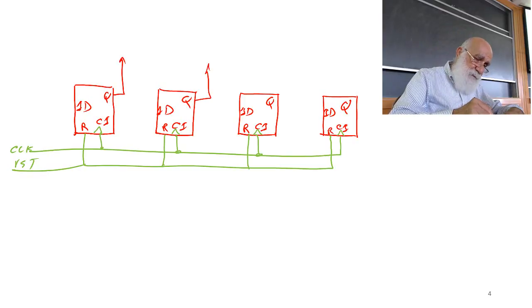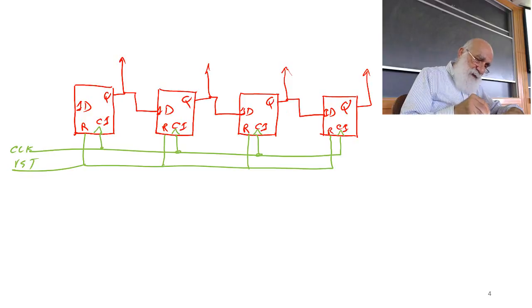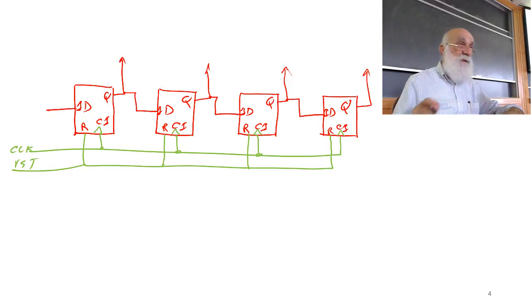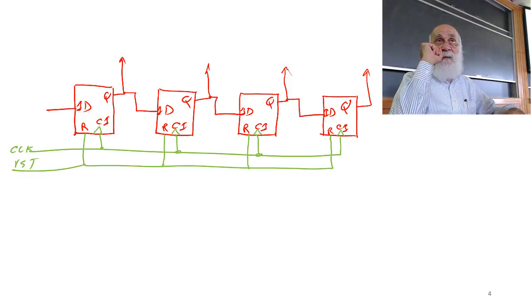And here, what I do is take the output of one and feed it into the input of the other. And then for the leftmost bit, I provide a separate input just by itself.